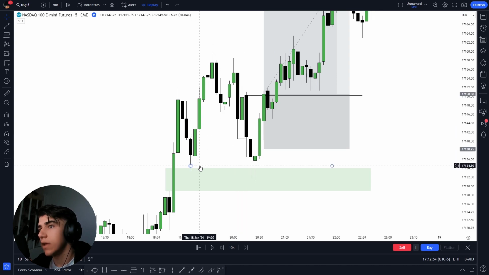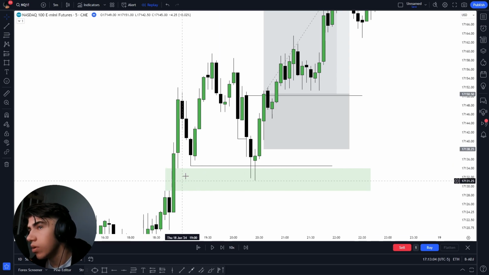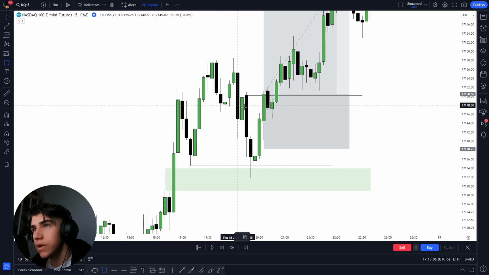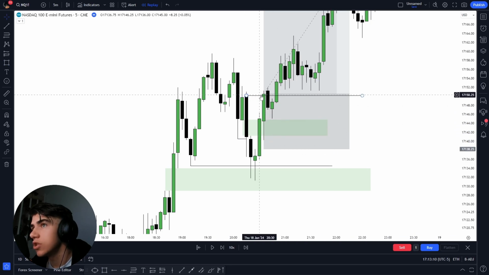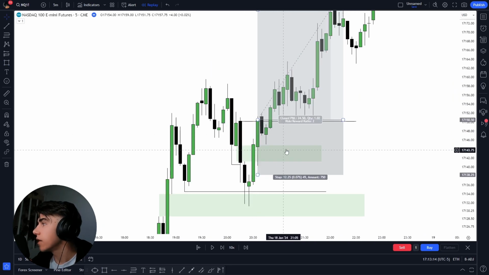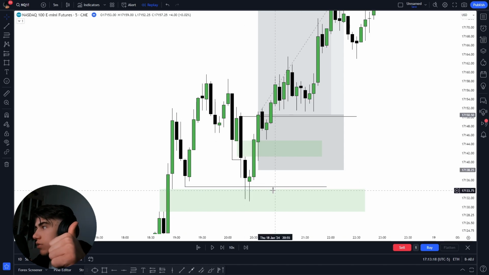Again, we have that sell side level being swept, but you're maybe not comfortable entering off of this bullish PD array. So in order to confirm that your drawn liquidity is right, you see a bullish fair value gap holding, you see a bearish fair value gap failing, and then you get that bullish change in state of delivery. And then that could be your entry, right? Then you have liquidity. That's the first confluence. Liquidity being swept.